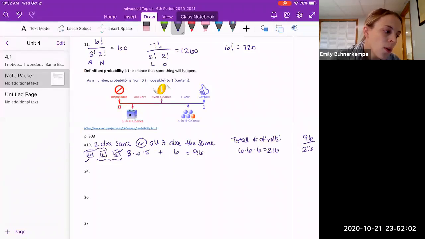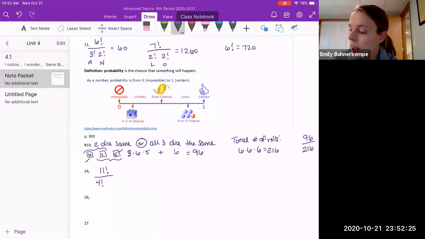Question number 24. How many different anagrams are there for the word Mississippi? So Mississippi has 11 letters in it, 11 total letters. The I's in Mississippi, there are 4 I's in Mississippi.